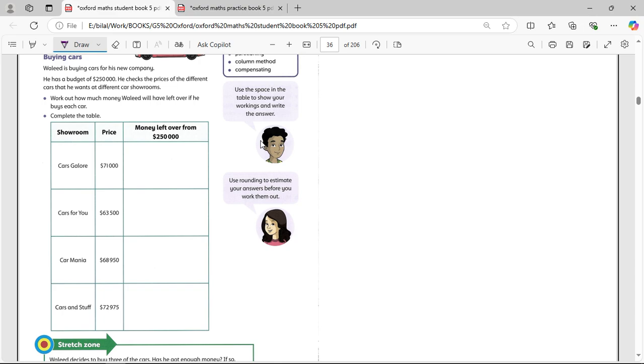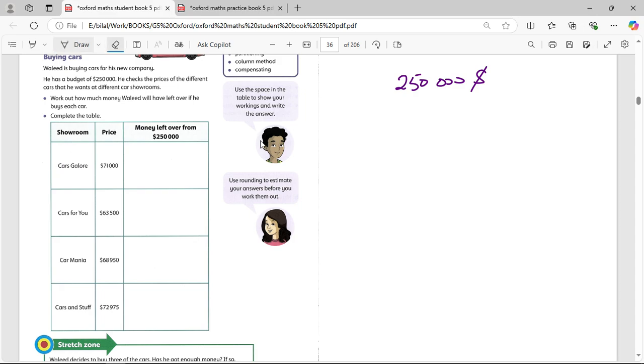So let's say, for example, I have $250,000, and I'm going to use this money. Of course, I am going to subtract from that money because I am buying with it. Let's say this guy has bought this car, a Galore, as they say in English.